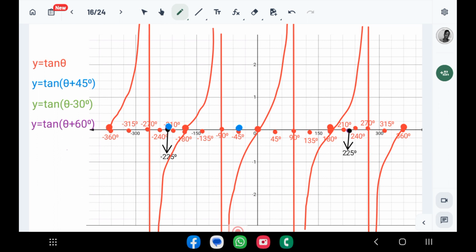That will land you at negative 405, which is outside of the range. To the right, we go negative 45 plus 180. That takes us to 135. So here is the next x-intercept. And the next one, we add another 180 to 135, and that lands us at 315, which is here.